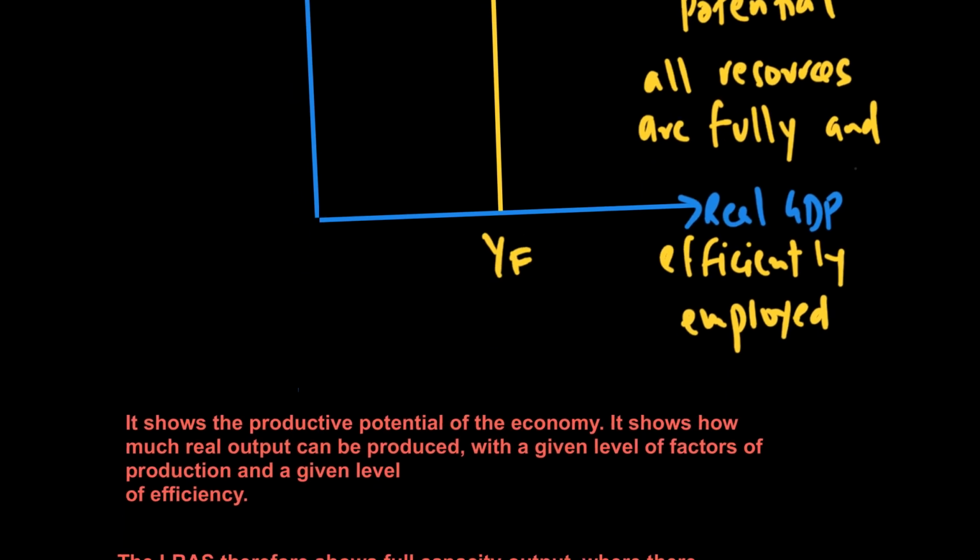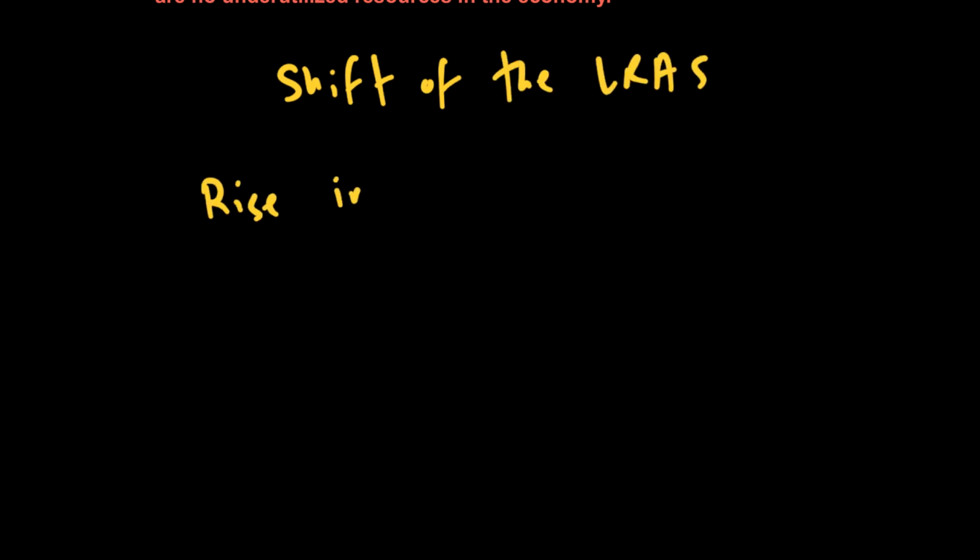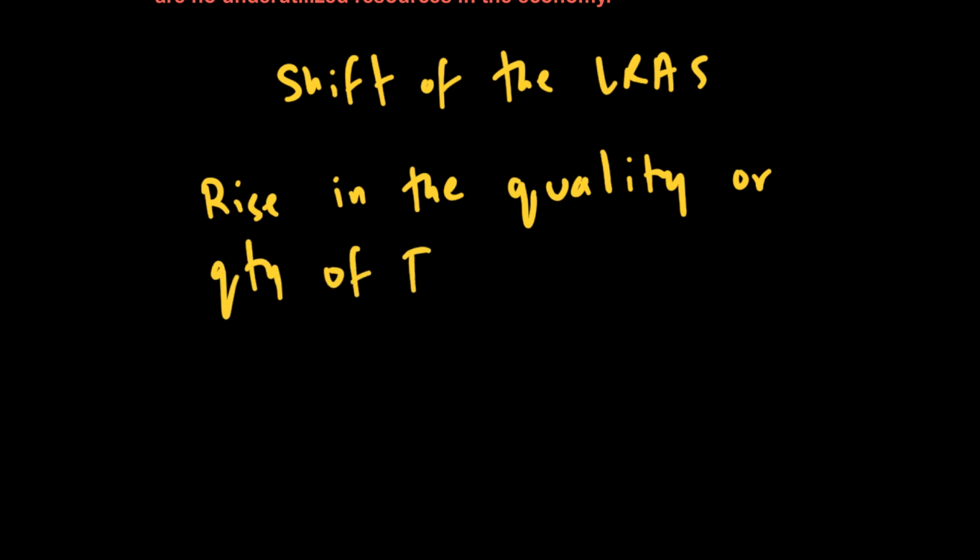Now, how will this LRAS shift? The shift of the LRAS happens when there is a rise in the quality or quantity of factors of production.